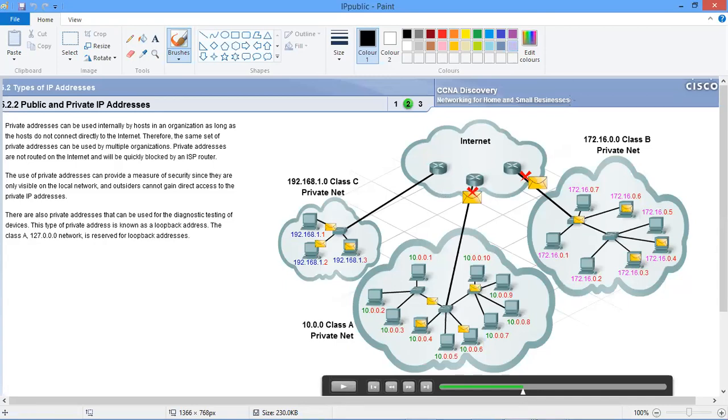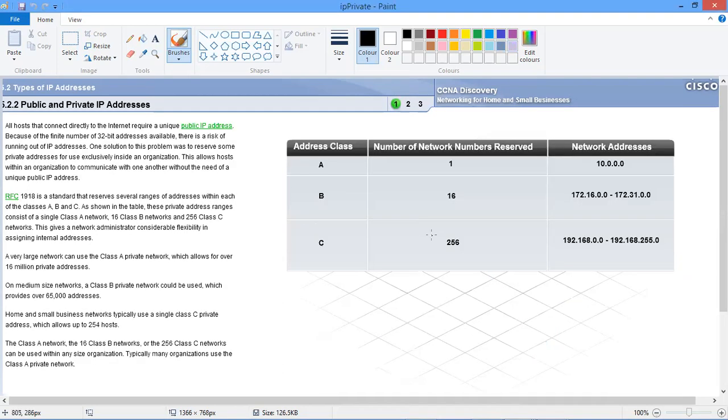Is it this page? No, it's for class A, class B, and class C. Is it this one? Yes. Okay, thank you. So you want to ask a question? No, I just want to take down the information. Okay, I'm done. Thank you.